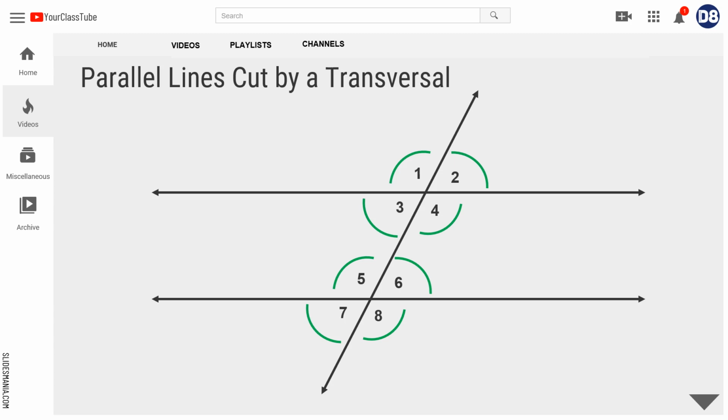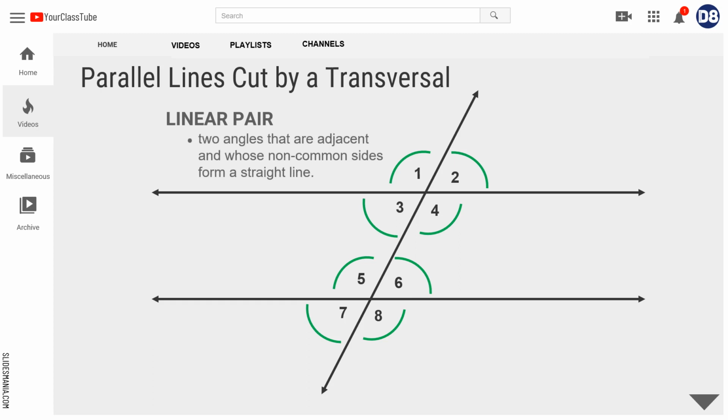The first one is linear pair. I decided to start with this because it's just a review, and it's still fresh since we just discussed linear pairs in the previous video. When we say linear pair, these are two angles that are adjacent and whose non-common sides form a straight line.